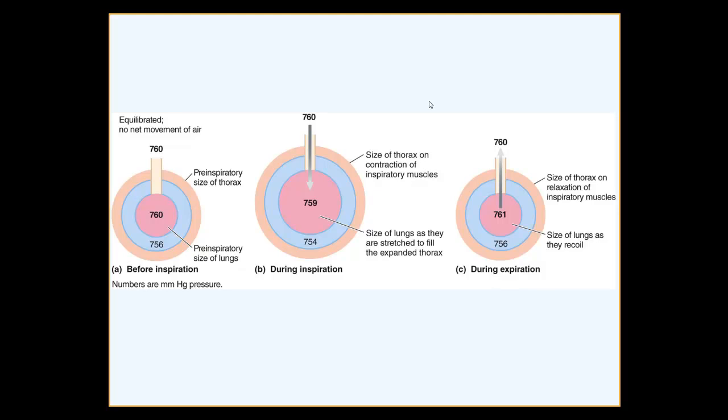Okay. So the differences we're talking about are not really great. I mean, we have the atmospheric pressure here being 760. If you are breathing in, all you're doing is reducing it by 1 degree, and that will allow the air to rush in. And the opposite is true.